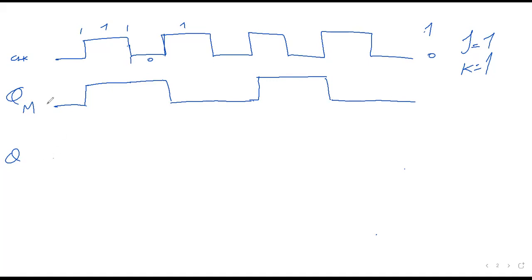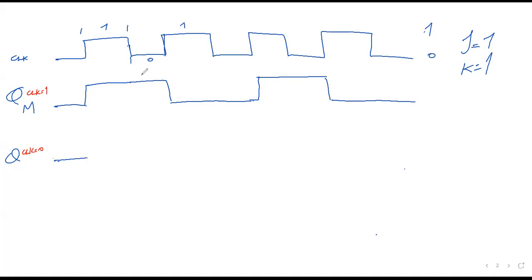When the clock goes to 1, my clock for Q goes to 0 because it is complemented. Here the clock goes to 1, and here the clock goes to 0. It is complemented.